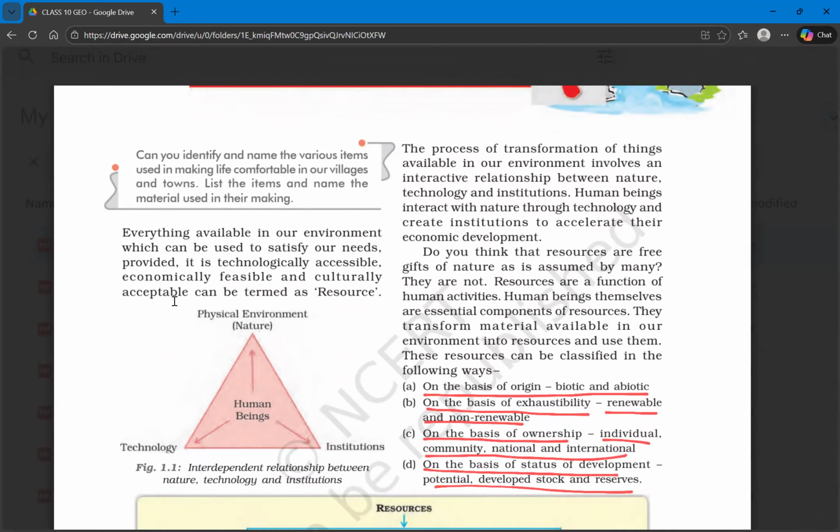These are the two factors, and the rest three are: it should be accessible to us, so you have some technology and with that technology you have access to it; and it should be economically feasible. It's not like you have spent 1 lakh but in return you have got only 10,000, then it will not be a resource. And the third point is it should be culturally acceptable.